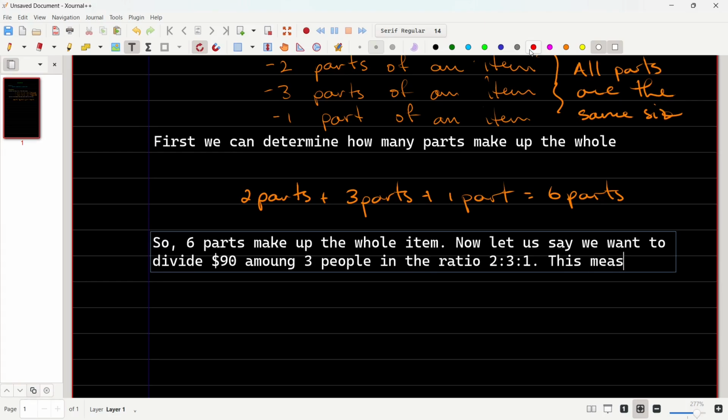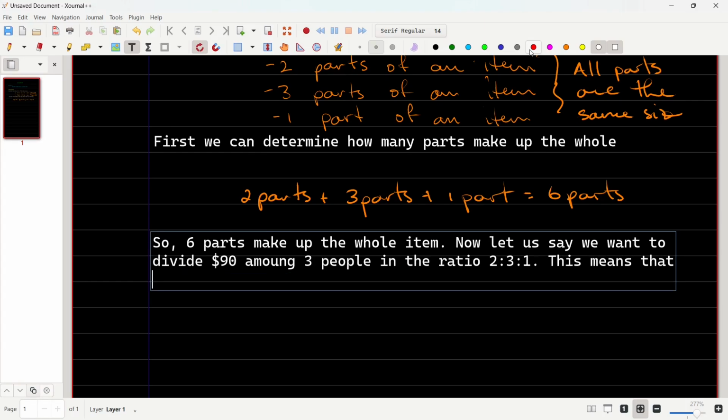This means that the first person is going to get 2 parts of it. The first person gets 2 parts of the $90.